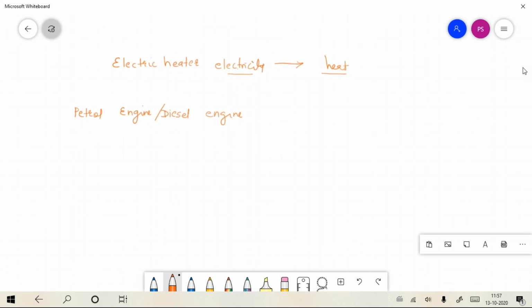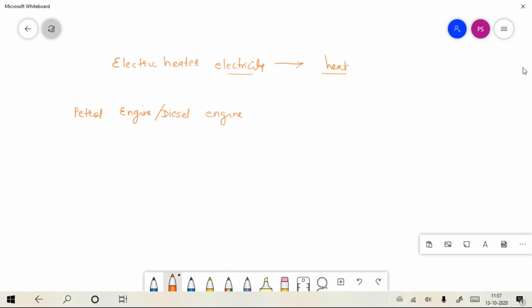If you talk about combustion in petrol engine, chemical to work is correct, but I would be restricting my discussion to heat to work conversion. So the chemical energy is ultimately converted to heat energy, and heat energy is converted to work.